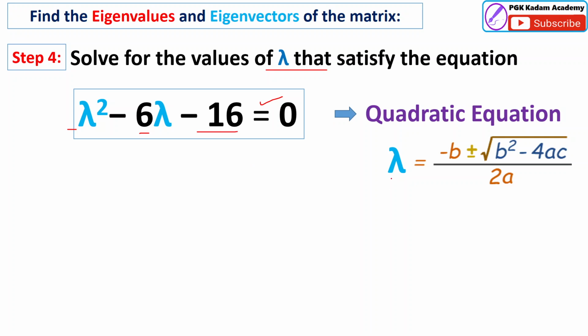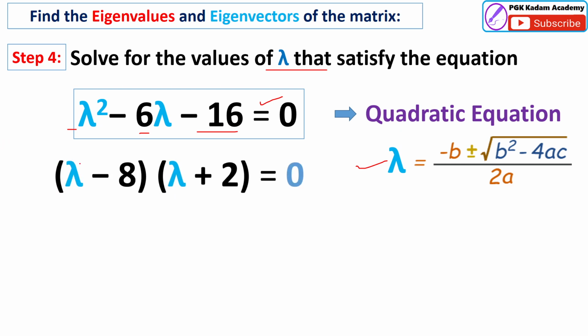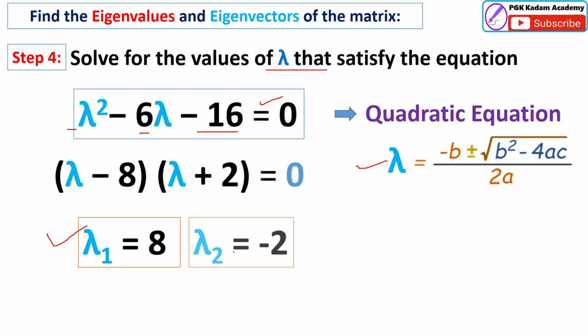So friends, by using this we can find out, or as this equation is very simple, we can find out these values like this also: lambda minus 8 or lambda plus 2. So the values become lambda 1, the first value is 8, and the second value is minus 2.